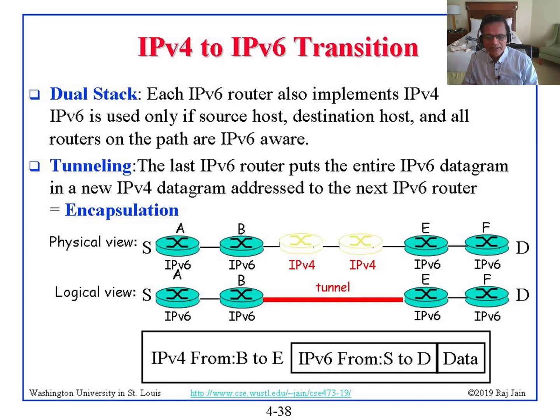The second thing is tunneling. Tunneling is required whenever you need to go through an area where the IP version, it doesn't have to be version, just the IP flavor, as we say, is different, then we have to put it in encapsulation. So another name for encapsulation is tunneling.